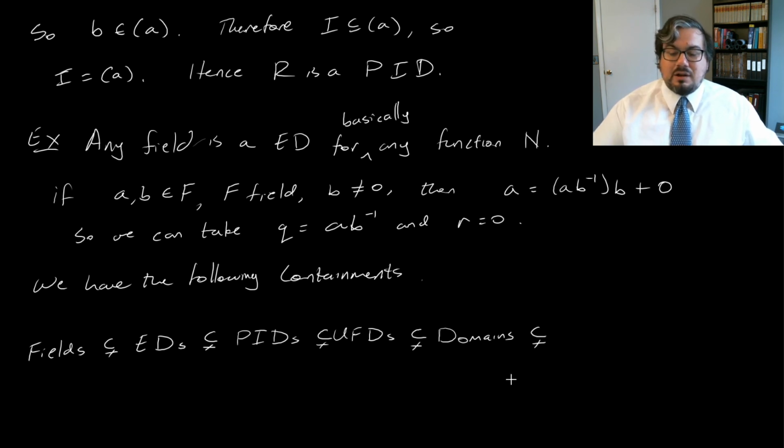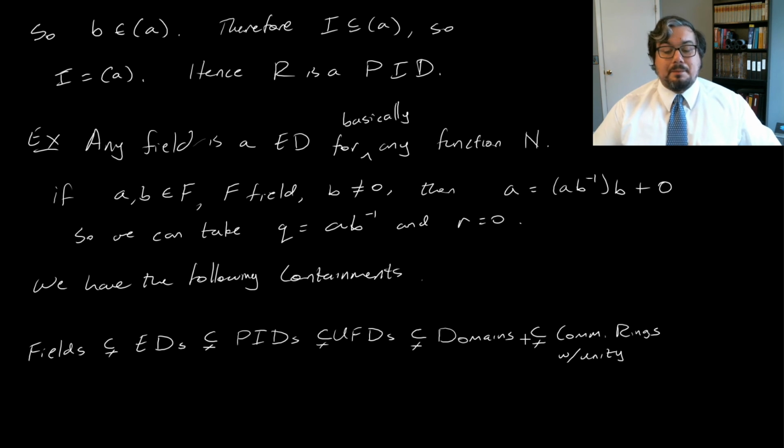All domains are contained in the set of commutative rings with unity, but not every commutative ring with unity is a domain. It's very easy to find ones that aren't. And the commutative rings with unity are just a proper subset of the set of all rings.